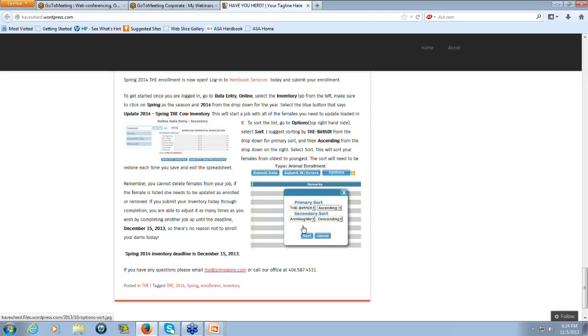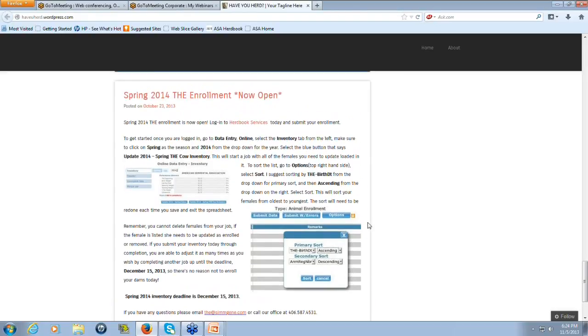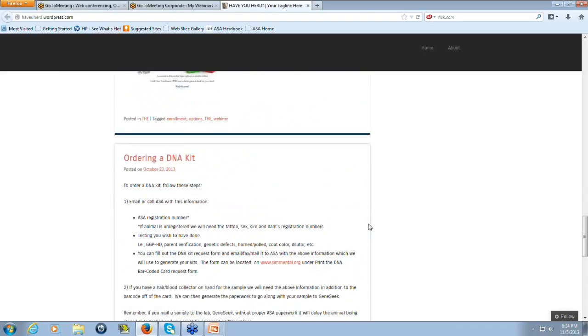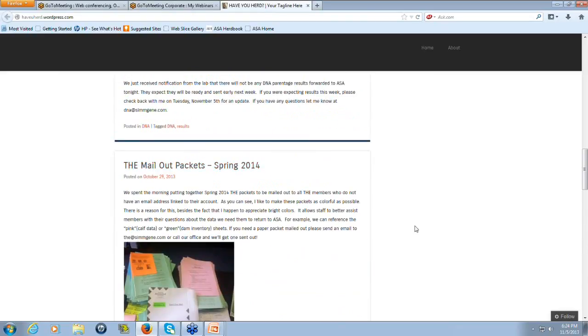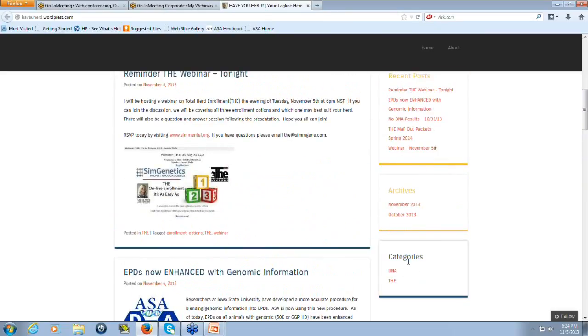So this blog is hopefully going to help each of you be successful, not only on our online herd book services site, but also in total herd enrollment and DNA services. My blog is categorized on the right, and each of the posts goes into a different category. You can see that the categories so far are DNA and total herd enrollment.